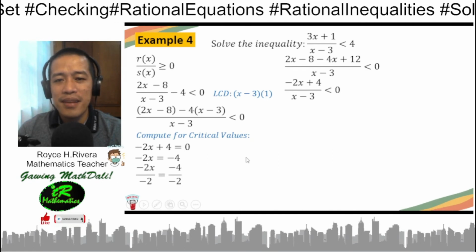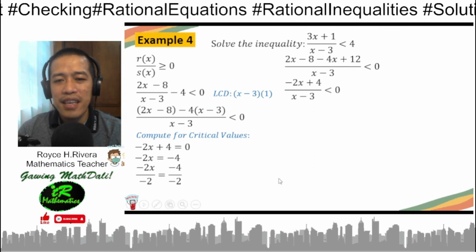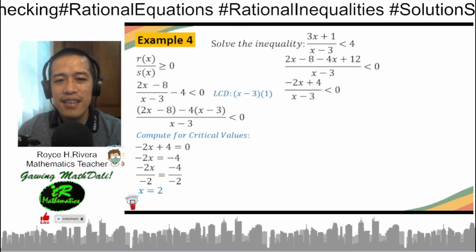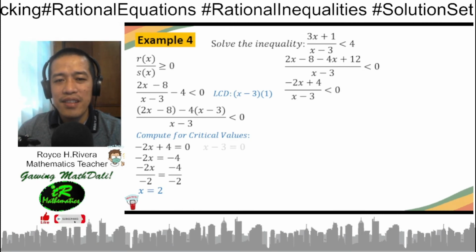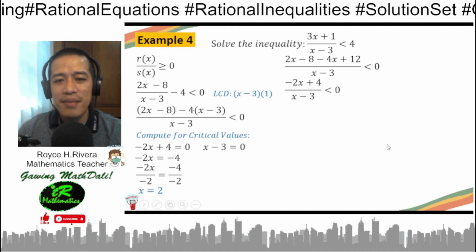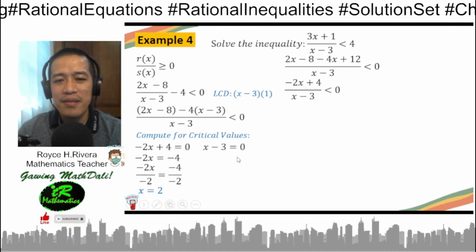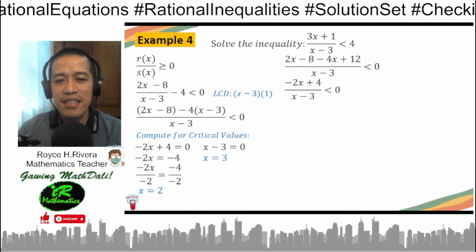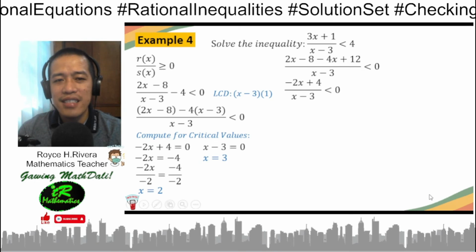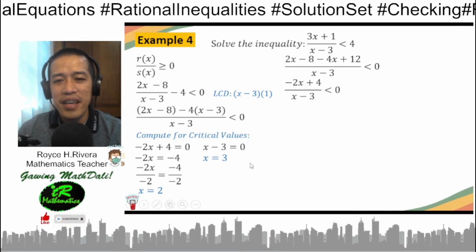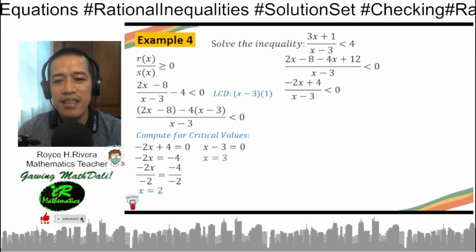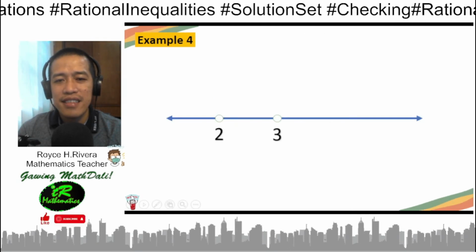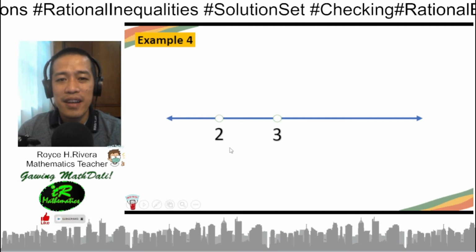Dividing both sides by negative 1, we will get x equals 13. Now we equate the denominator to 0. X minus 3 equals 0. Adding the additive inverse of negative 3 both sides, we will obtain x equals 3. So we have our critical values. Ilagay natin ito sa number line. Ganito ang kanyang magiging itsura.